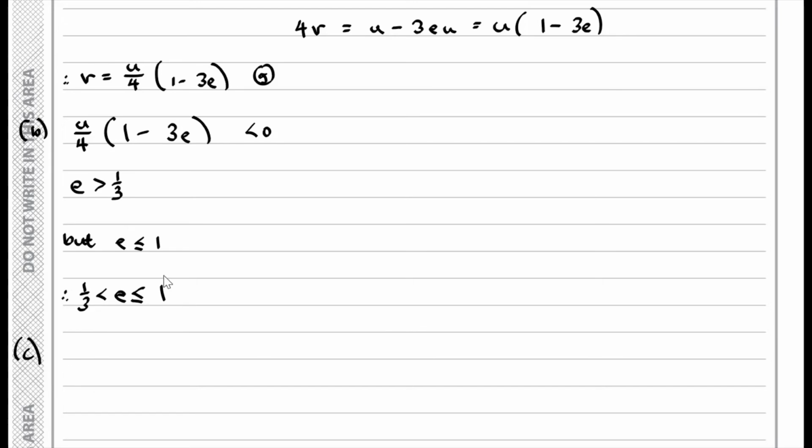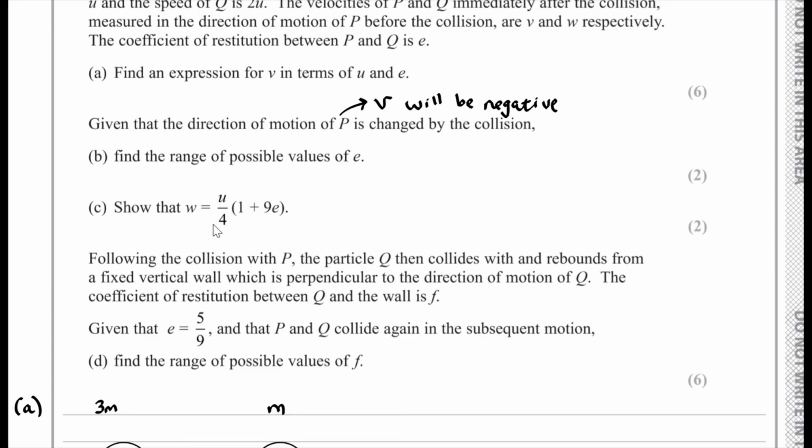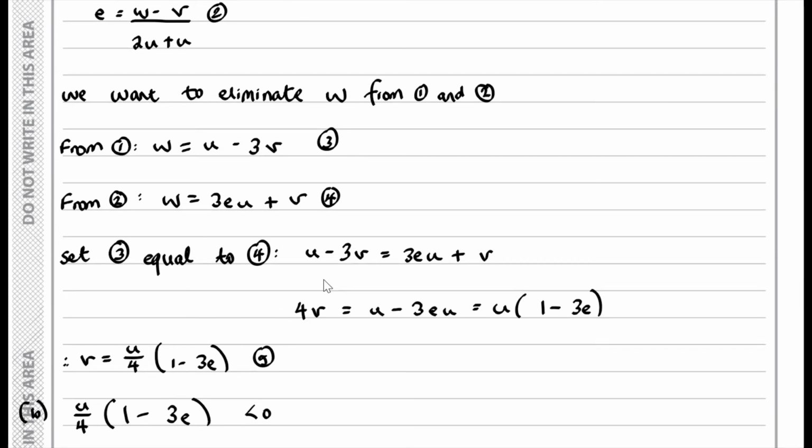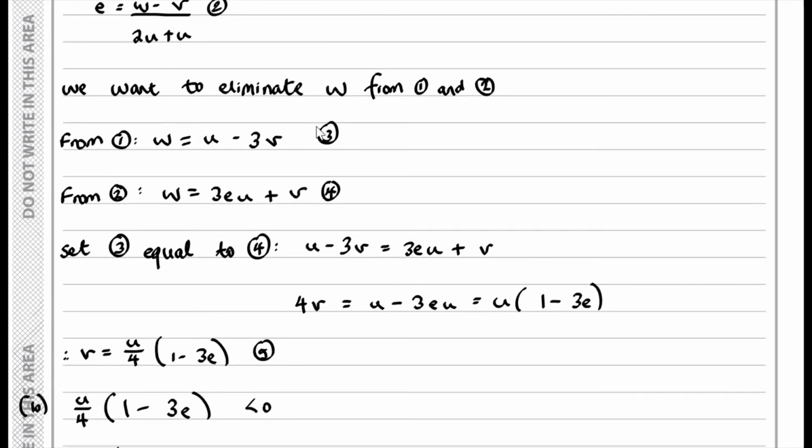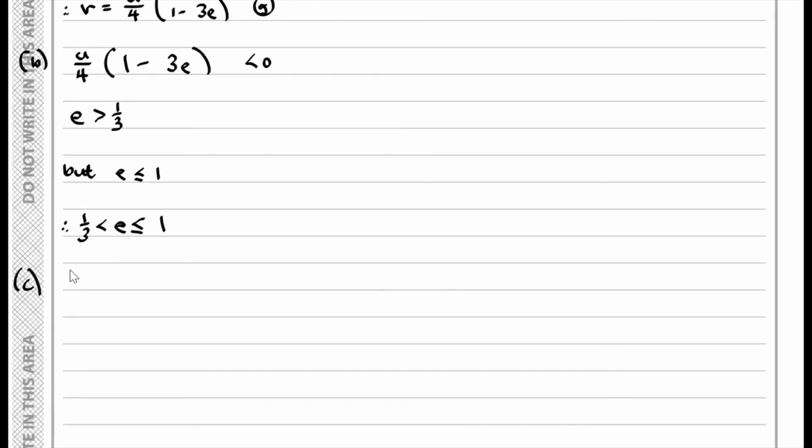Now for part C, we have to show that w is equal to u over 4 lots of 1 plus 9e. If we sub equation 5 into equation 3, we can find out what w is. So if we substitute 5 into 3, we have w equals u minus 3 times u over 4 lots of 1 minus 3e.